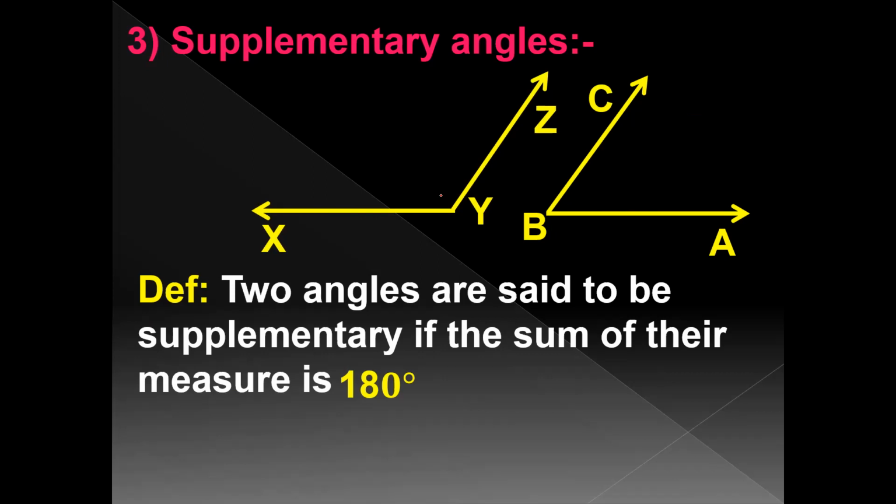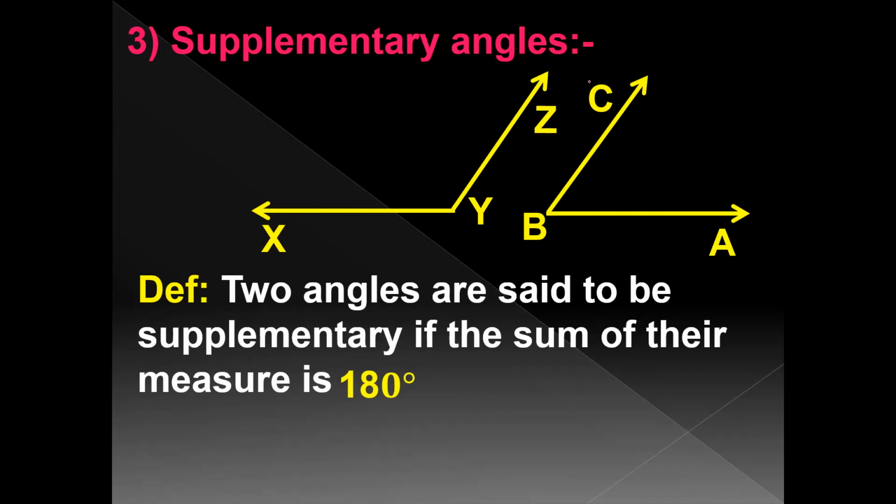We say that for two complementary angles, their sum is 90 degrees. But for two supplementary angles, their sum is 180 degrees.